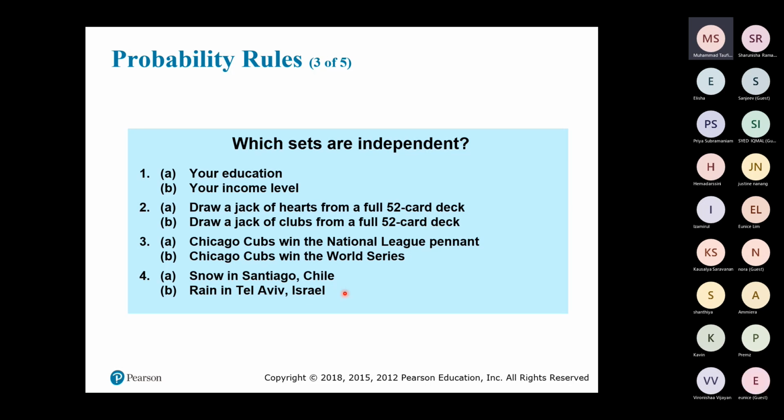Why? Because the movement of wind and humidity, etc., maybe influence each other. So like I said before, this one is similar to number 3. It can be independent, and it can also be dependent, depending on the situation we are facing.